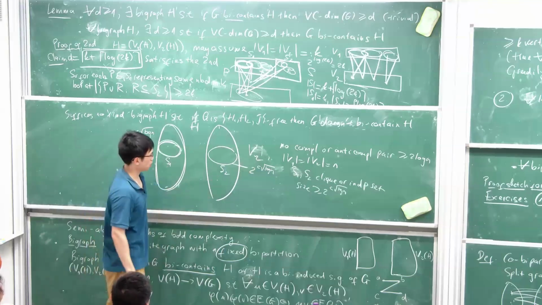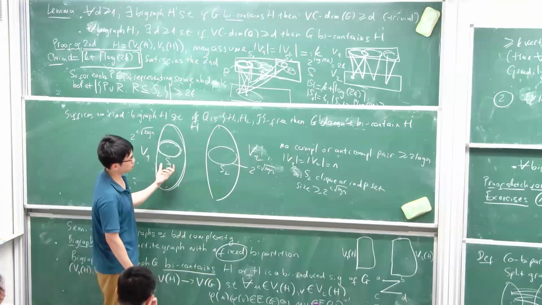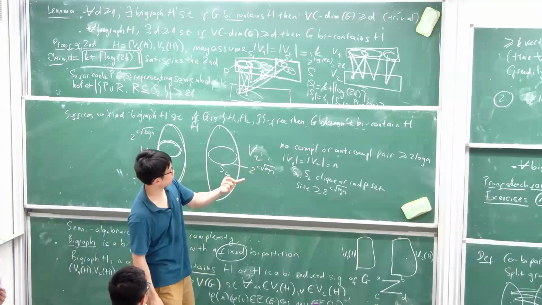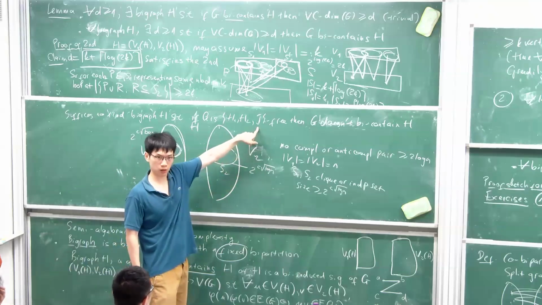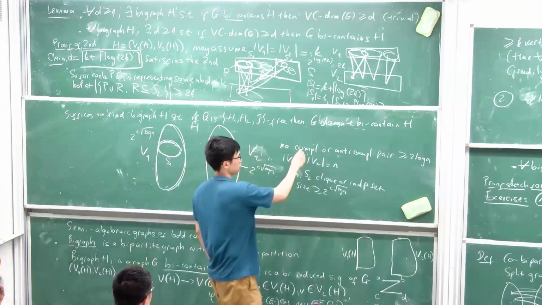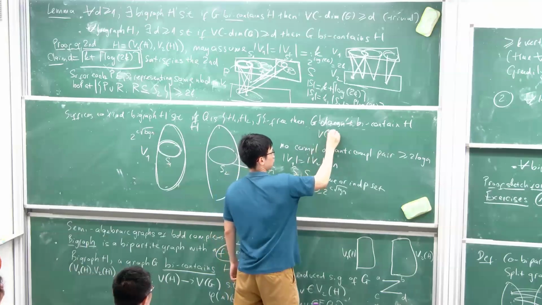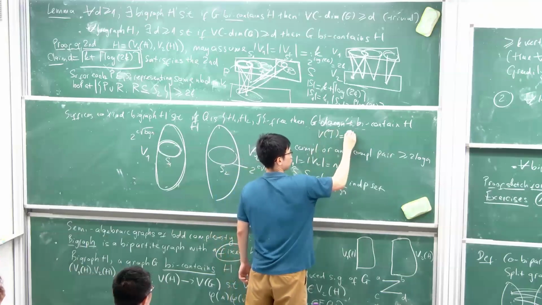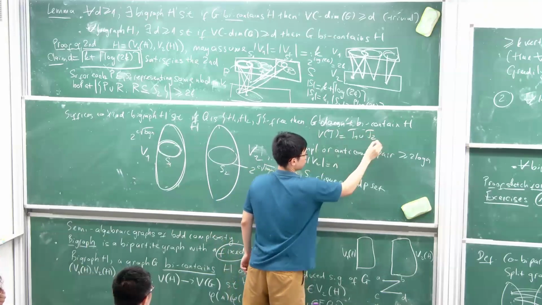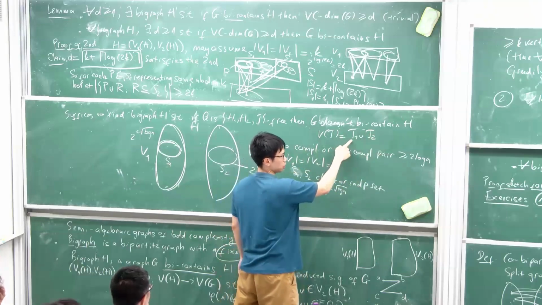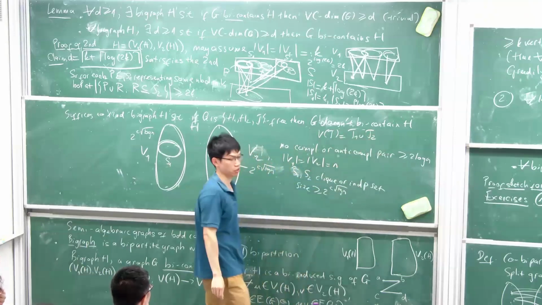Here I said that J is a split graph, and the vertex set of J can be partitioned into J1 and J2, where J1 is a clique and J2 is an independent set.